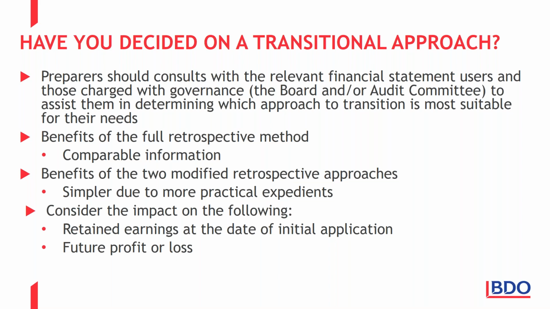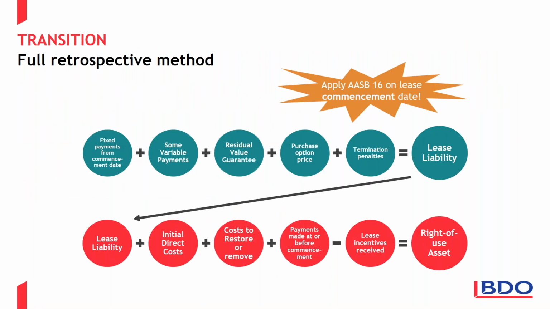If you look at the two modified retrospective approaches, it's definitely simpler due to more practical expedients to help you with easier calculations. But I think it's important to look at two aspects: the impact on retained earnings at the date of initial application, and also the impact on future profit or loss. Because between the two, it will give you a clear indication which is best for your organization.